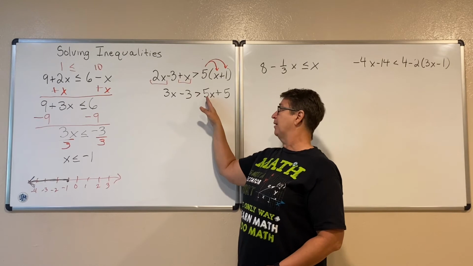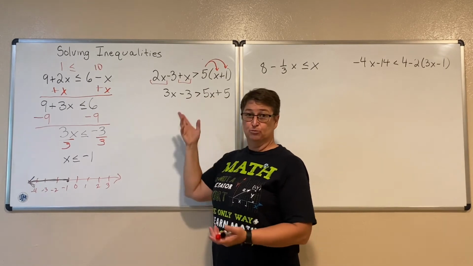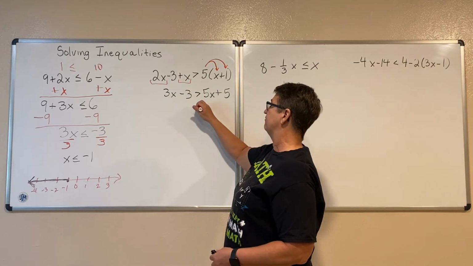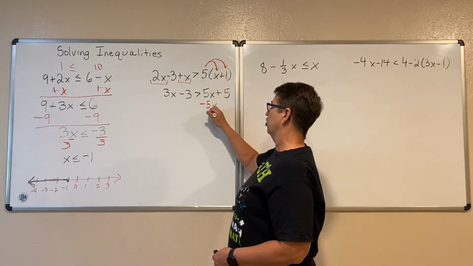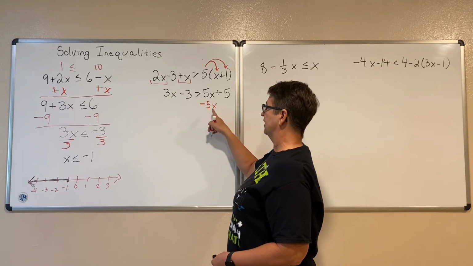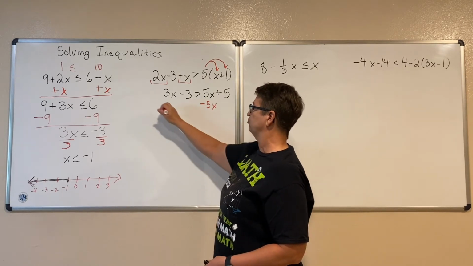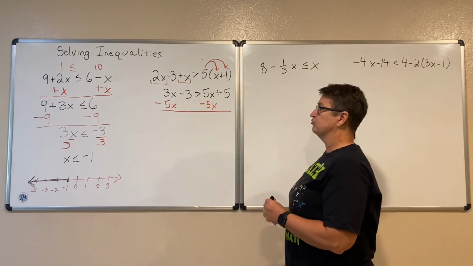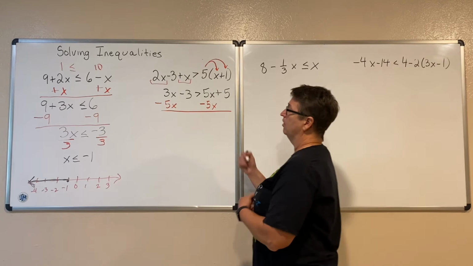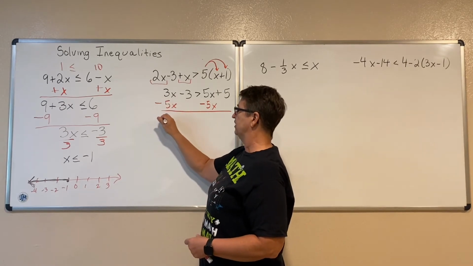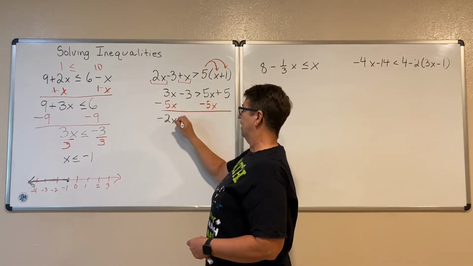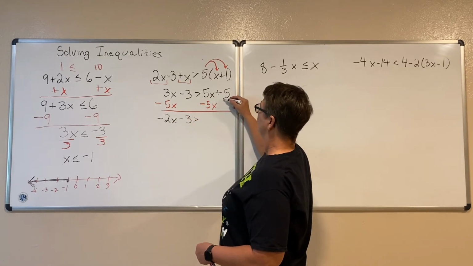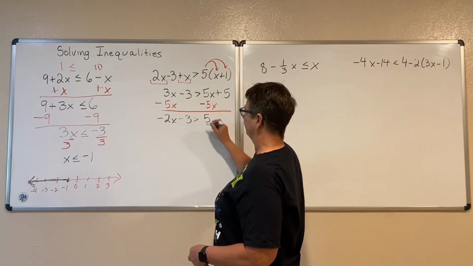For this problem, I'm going to move the 5x, but you could move the 3x either way. The way I move that 5x is I want it to make a 0. So I'm going to subtract 5x from both sides. When I subtract 5x from both sides, on the left, that leaves me with a -2x minus 3. This makes 0, plus 5 is just 5.